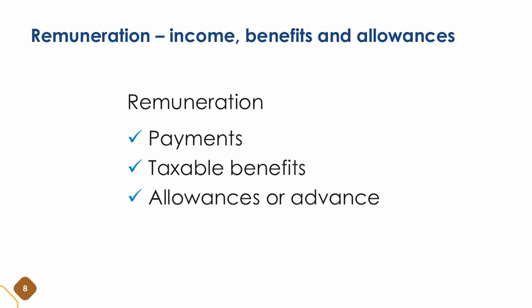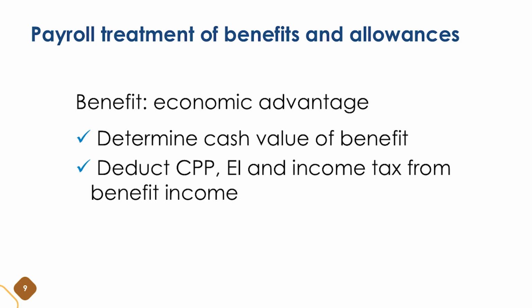An allowance or advance is usually a predetermined amount chosen without using the actual cost, usually for a specific purpose, used however the employee chooses. The employee doesn't provide receipts.